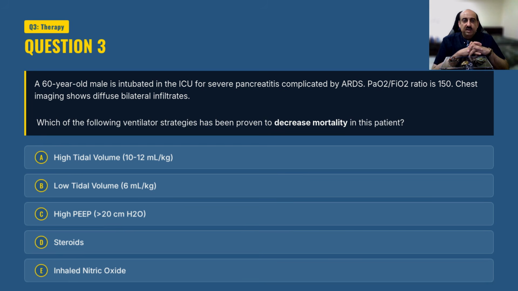A. High tidal volume 10 to 12 ml per kilogram. B. Low tidal volume, which is 6 ml per kilogram. C. High PEEP, which is defined as above 20 centimeters of water. D. Steroids. E. Inhaled nitric oxide. All the options A, B, C, D, E. You can pause the video up to 90 seconds or as soon as you have answered, and we will review.